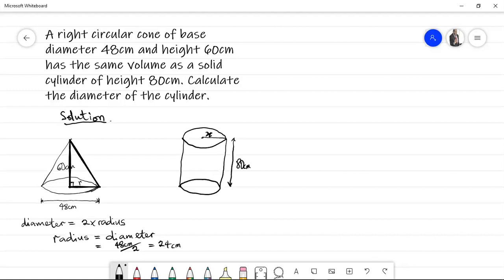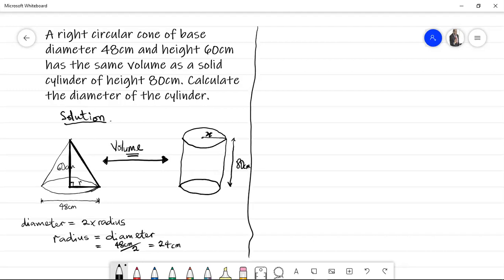What we know about this question is that the volumes of both shapes are considered to be the same. So I'm going to say that they are equal to each other. The next thing we have to do is to remember the formula for both of them.